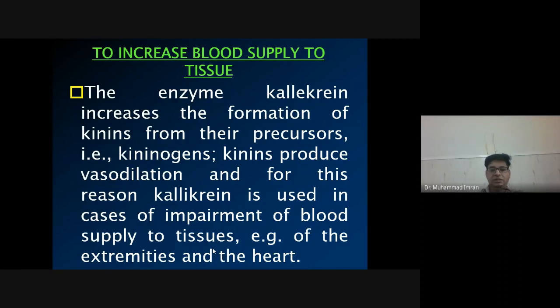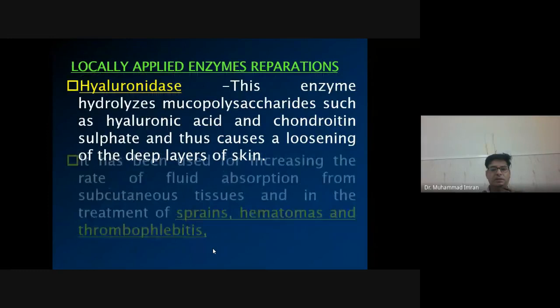Kinins produce vasodilation, and for this reason kallikrein is used in cases of impairment of blood supply to tissue of the extremities and heart. So kallikrein enzyme is used to increase the blood supply deep into the tissues, like in our feet and our heart.